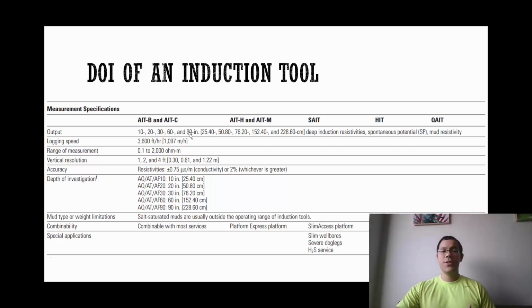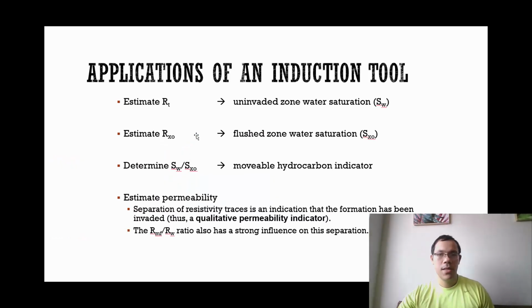In order to get information from the uninvaded area, we want to see further away and not see the area that is contaminated with the drilling fluids. That's the whole thing about depth of investigation. Well, it's not all about it, but it's a summary.